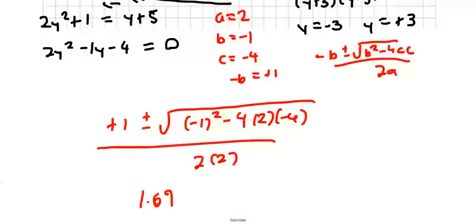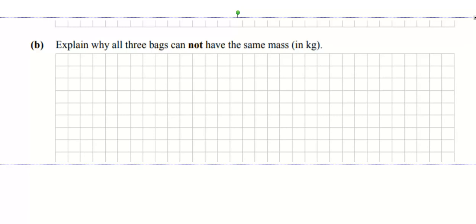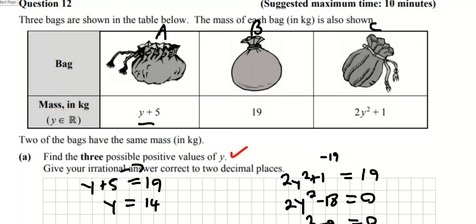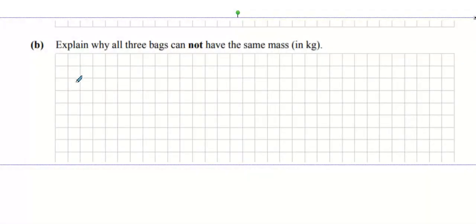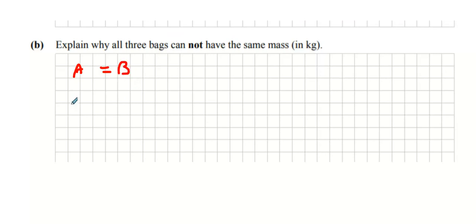Now, explain why all 3 bags cannot have the same mass. Okay, so for the first and second bag to be the same, for A to equal B, y plus 5 equals 19 and y equals 14.